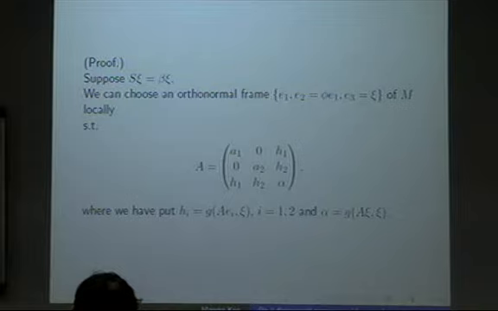The proof of the lemma. Suppose S xi is equal to beta xi. Then we can prove that, taking a suitable orthonormal frame, we can locally express the shape operator A as this matrix.